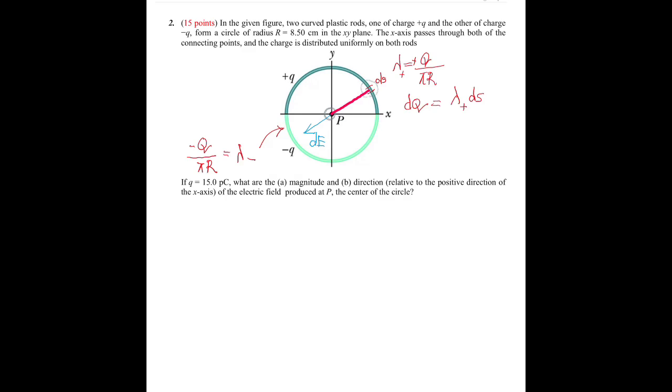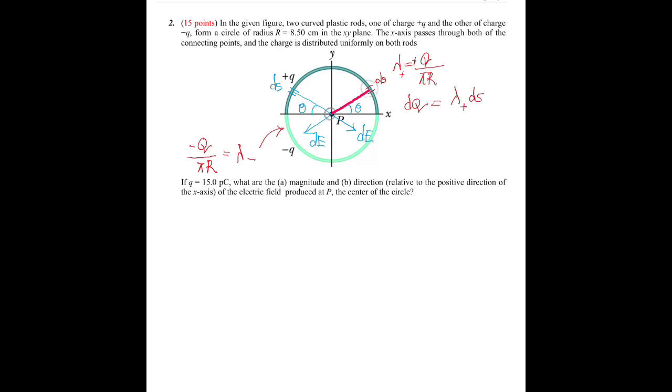The angle this small segment makes with the positive x-axis is theta. Similarly, I'm going to get another segment from this side, and the angle this small segment makes with the negative x-axis is also theta. The length of that segment is ds. Then it creates an electric field in this direction, dE.